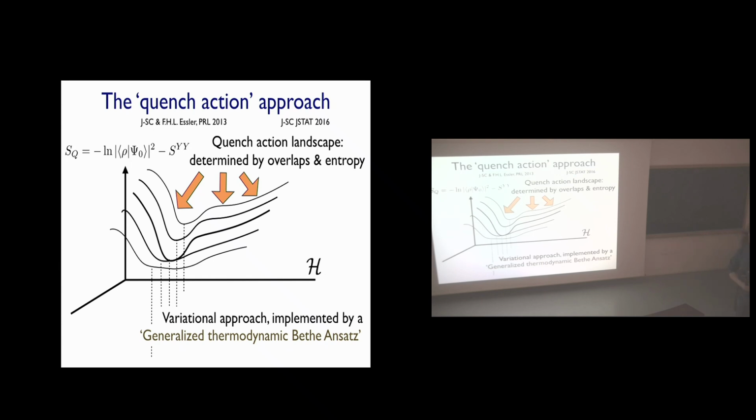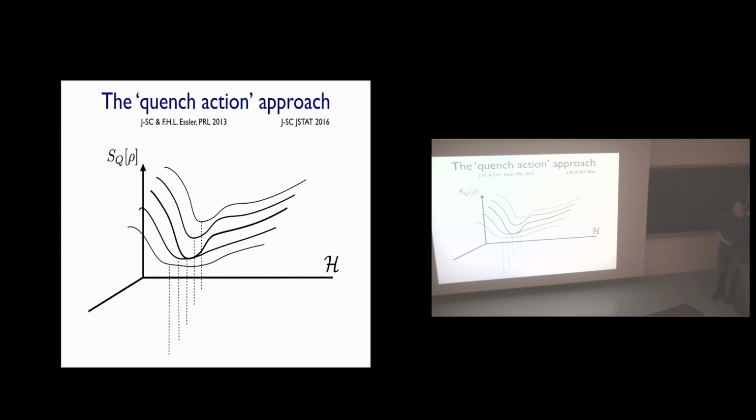You vary the distributions until you find the distribution that has exactly the right balance to make the contribution optimal. Okay, so that's the idea. So the t equals infinity state is the state sitting at the bottom of this distribution.